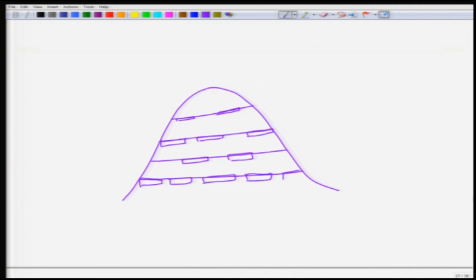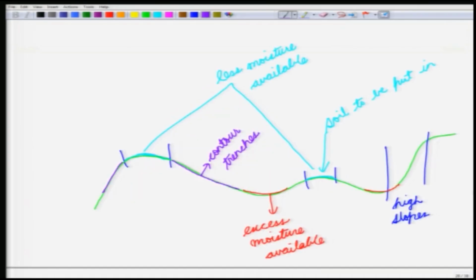So, these are trenches that we are making parallel to the contours to prevent soil erosion and also to retain moisture. So, in these areas probably we require contour trenches. And in these red areas probably certain pit digging needs to be done.